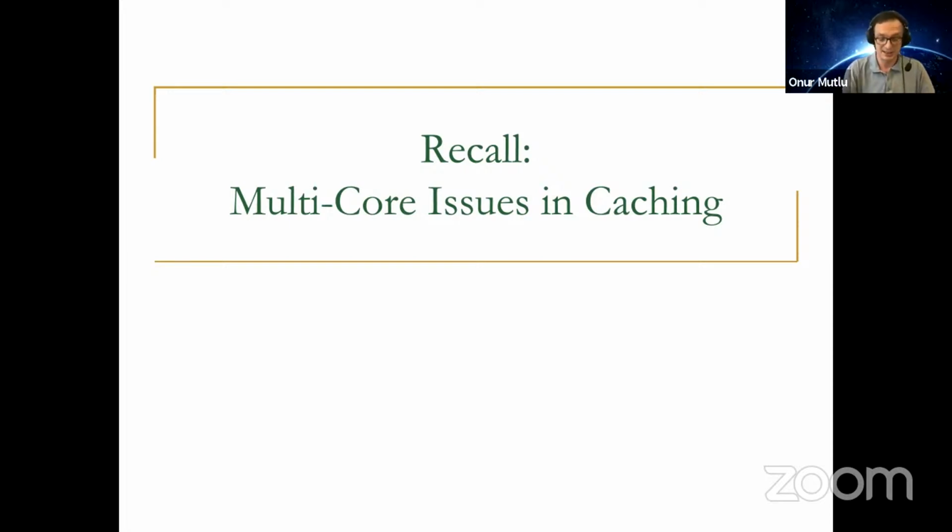And as a result, you have even more pressure on the memory system when you have more computational units trying to get service from the main memory system and the cache system. And as a result, caching, prefetching, and all issues related to the memory system actually become more important in multi-core, as we discussed in the last lecture.